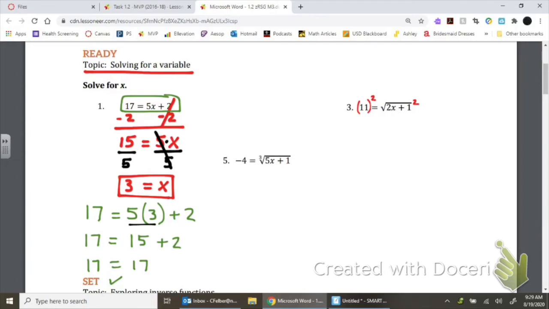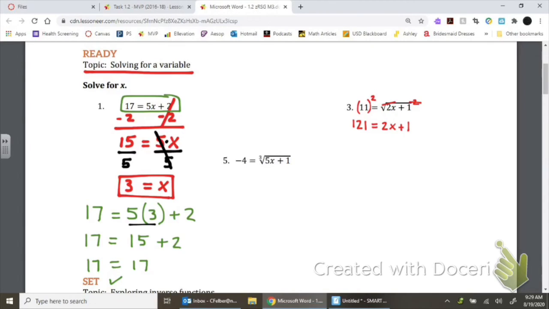So on the right-hand side, I'm going to cancel out the square root sign and the 2, and what's going to be left is the 2x plus 1. On the left-hand side, I need to do 11 squared. If I do that on my calculator or in my head, I get 121.